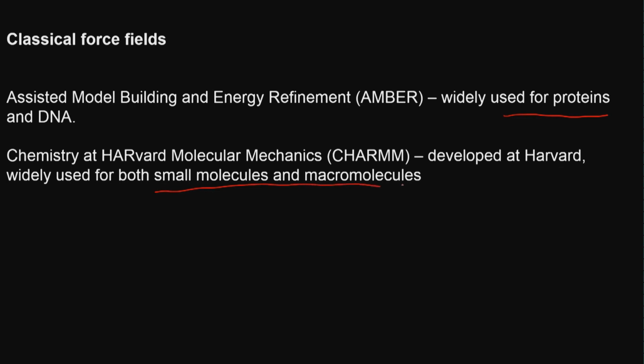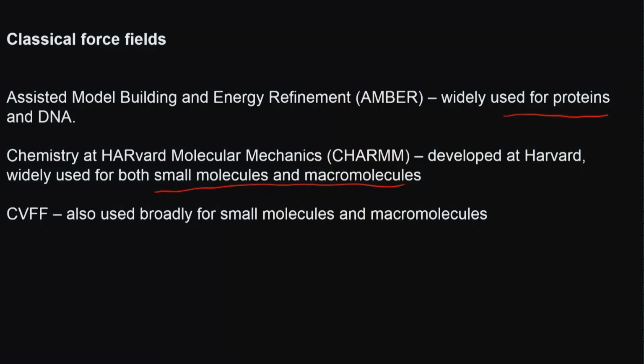So generally, MM type force fields are used for organic drugs, AMBER is used for proteins, and CHARMM is used for small molecules and macromolecules. This is the rule of thumb. So you can use AMBER or CHARMM depending upon whether it is small molecule drugs, macromolecules, or a protein.